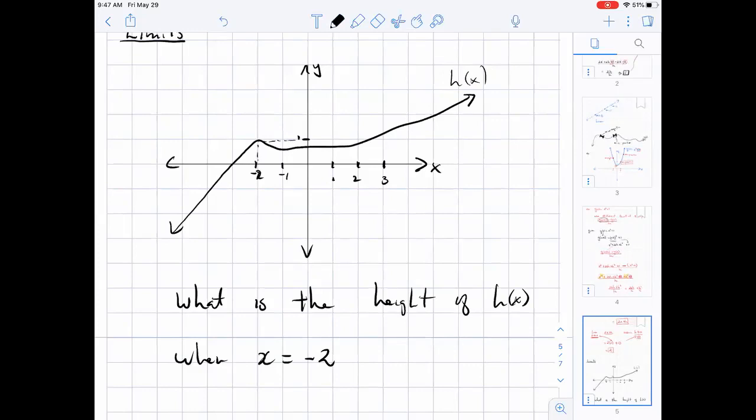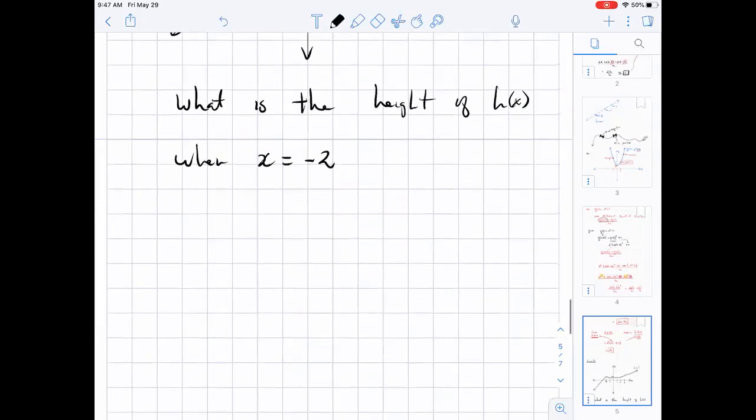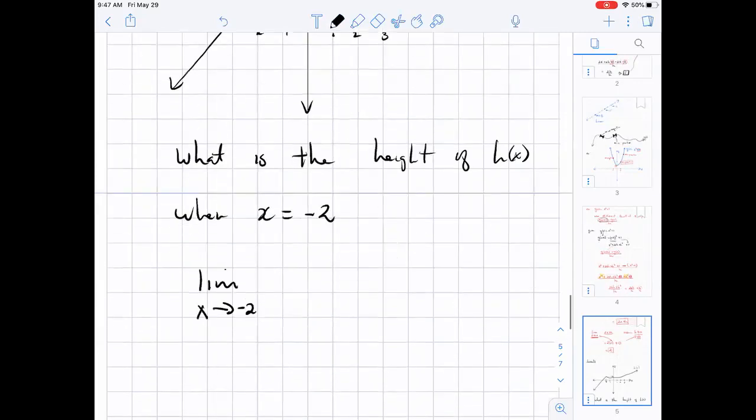The height of the function is 1, isn't it? Yes. So this is the same as if I asked you the limit as x approaches -2 of h of x, and that is equal to 1. Now, keep in mind, this means x approaches.